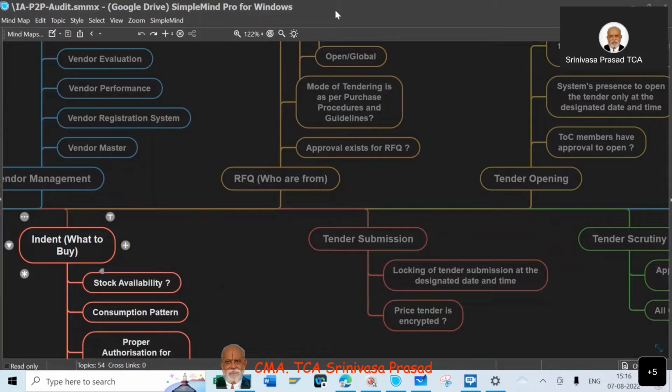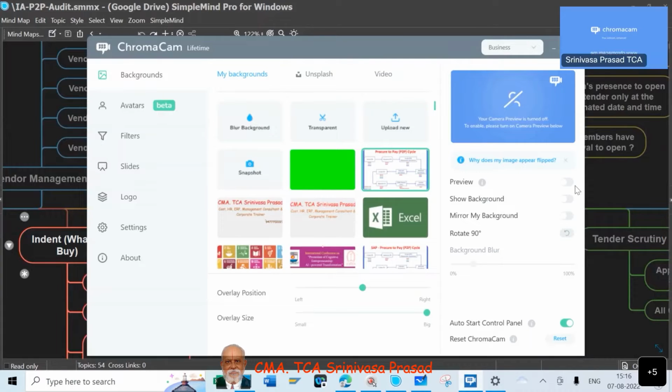I'm audible, isn't it? Yes, sir. You are audible, sir. So Kartik or someone, can you start the discussion so that it will be good for us? Can you start with the Indent and vendor management? Later we can proceed to others.